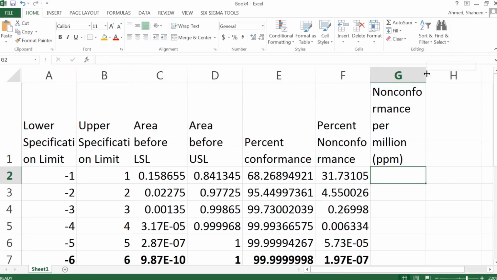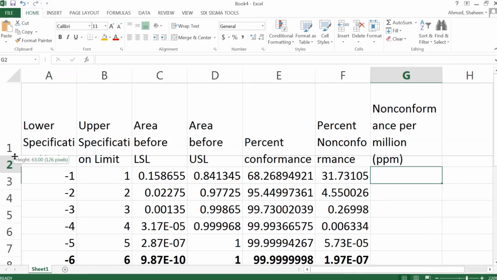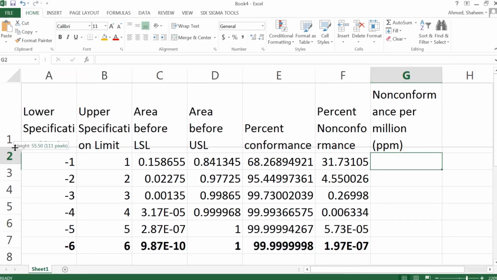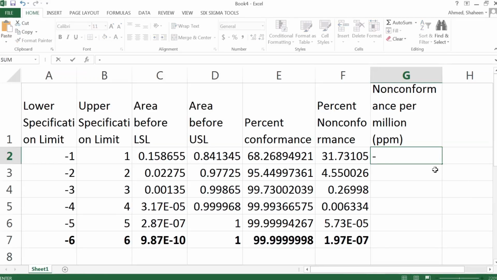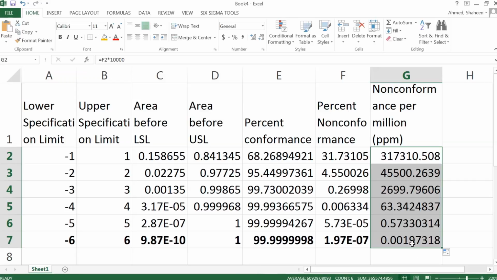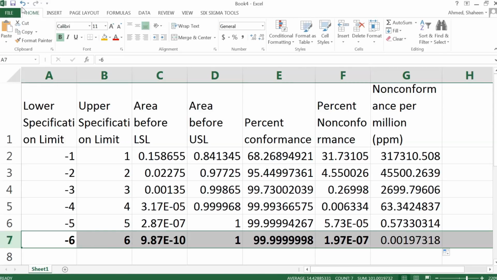In that case, we have to multiply this with 10,000, so this equals this times 1000 and then 0, because we already multiplied by 100. So as you can see here, only 0.002 out of a million will be defective if we can ensure things at 6 sigma standard.